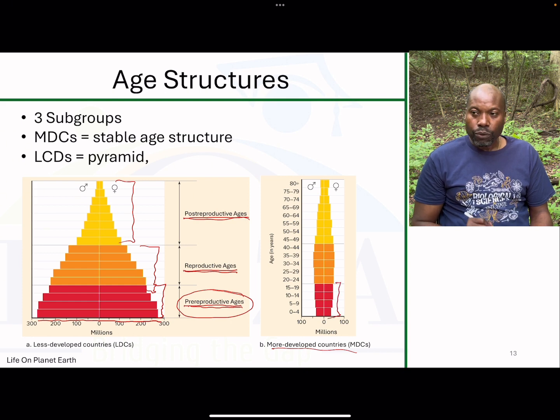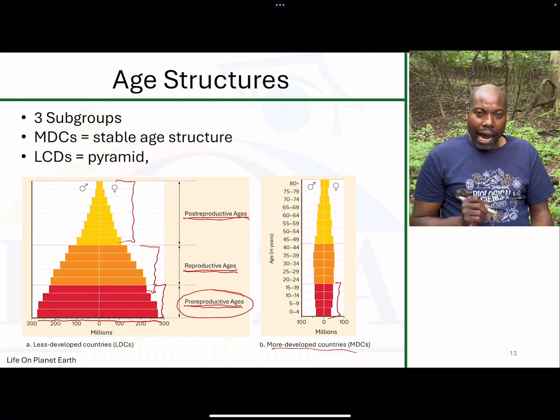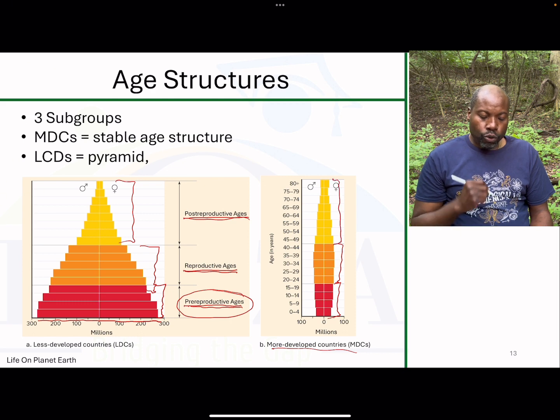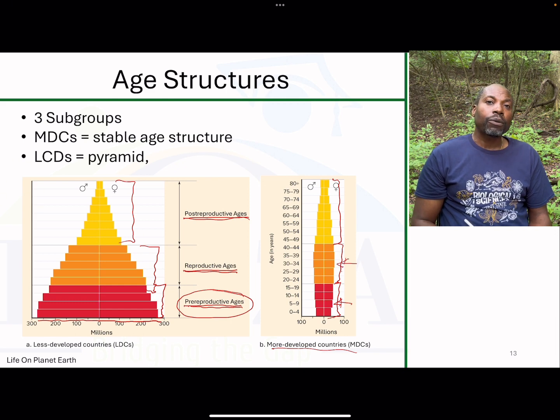Now, when we compare with more developed countries, we have a pre-reproductive age population that is very narrow, actually less than the reproductive age group, and the post-reproductive age group is also narrow, which means that less than one child is going to exist for every single adult. This is the characteristic of a declining population.